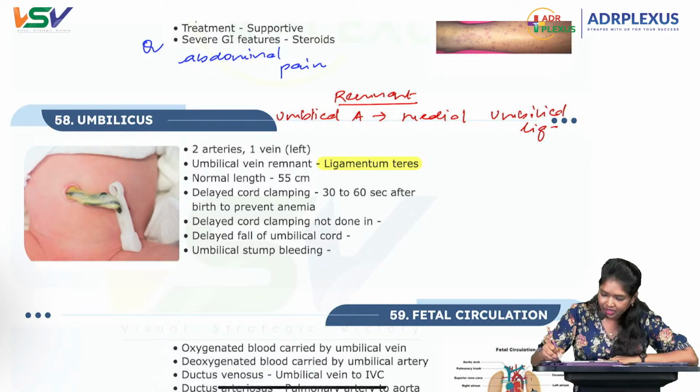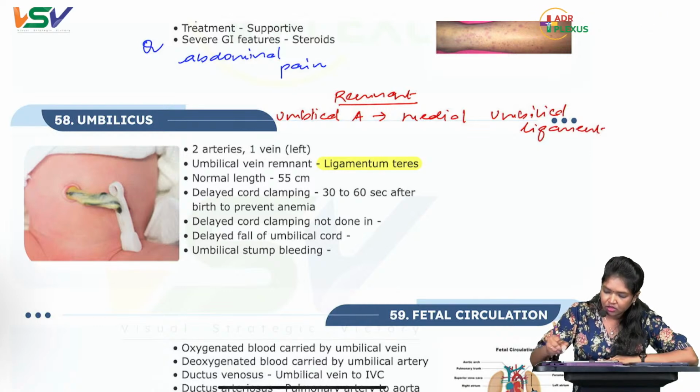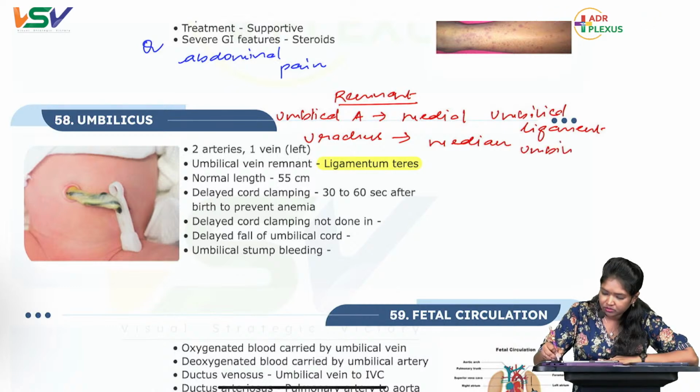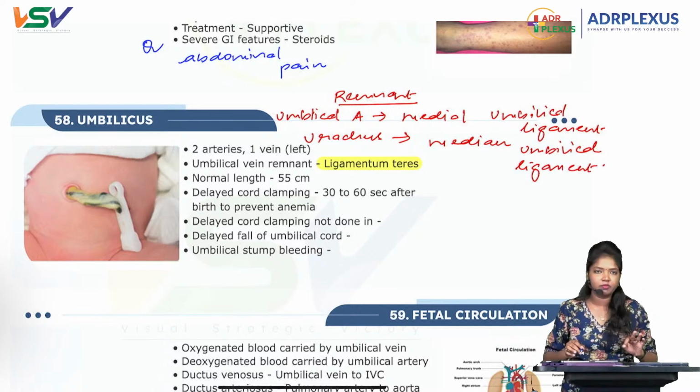That is the umbilical artery. What about the urachus? Urachus is the median umbilical ligament. So please remember the remnants.